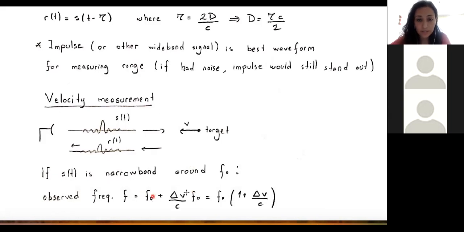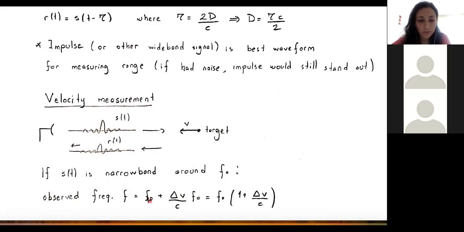In the case that V is positive, we're going to have a frequency increase by the amount of the Doppler shift. And what is that? That's basically V over lambda, the wavelength. If you write the wavelength in terms of C and the frequency of the signal, it's just V divided by C times f0. That's the increase in the frequency due to the speed of the target.